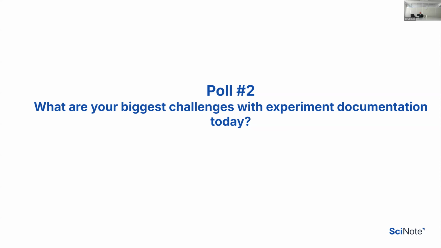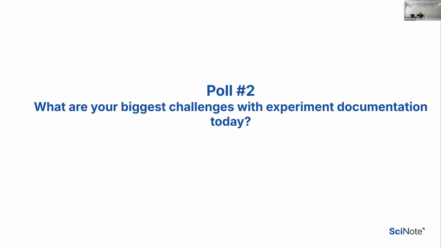Okay, so as you can see, the number one is definitely too much time spent on documentation. 64% of you said that this is the biggest challenge. Then we have hard to find, retrieve, or compare past experiments in second place, and in third place, inconsistent data entry across team members.